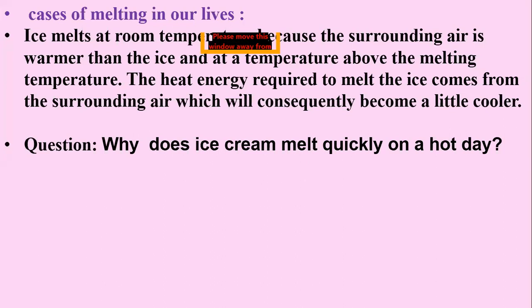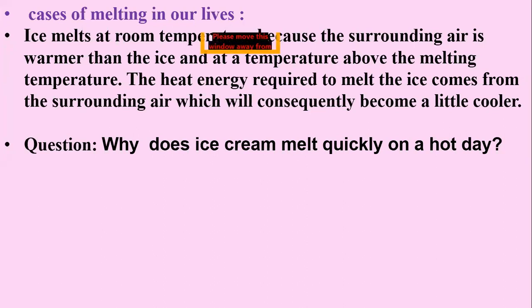Very good. Okay, you've used surrounding things. It's the air. You look at the line above there. We are saying the surrounding air will be hotter on a hot day, isn't it? So on a hot day, you have air surrounding the ice cream that is hotter than the air that surrounds the ice cream on a cold day.